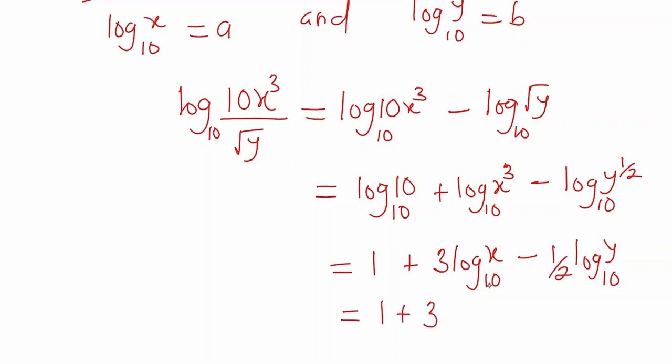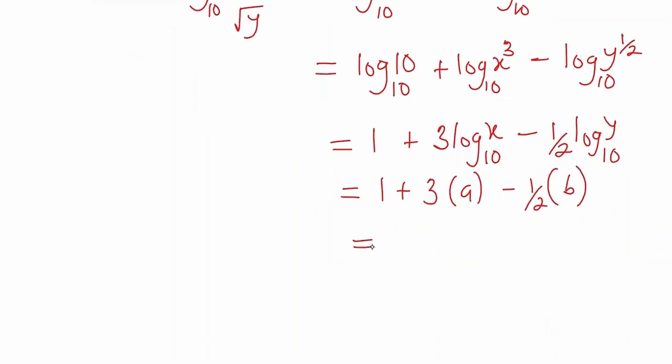Now log x base 10 is given as a, so we have multiplied by a, minus half. Also we were given log y base 10 to be equal to b, so we have b here. Now we simplify: we have 1 plus 3a minus half b, and this becomes the solution.